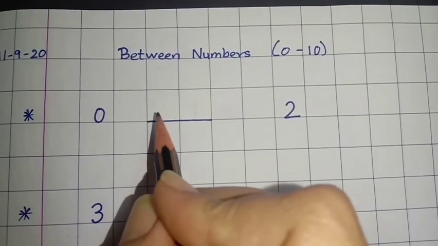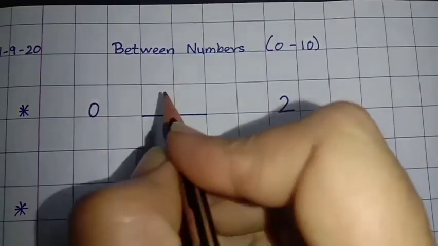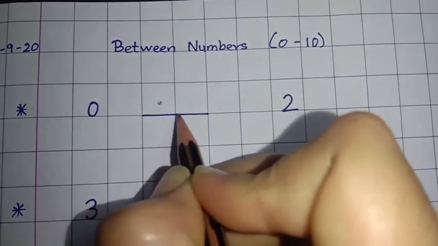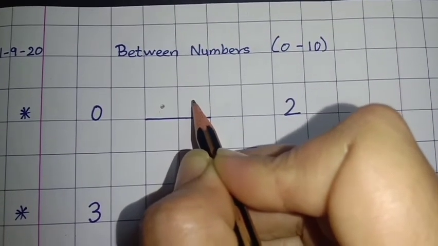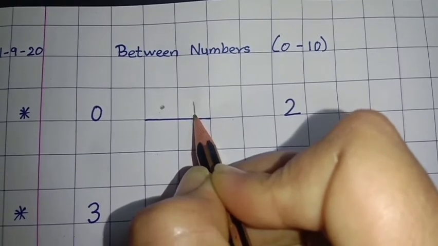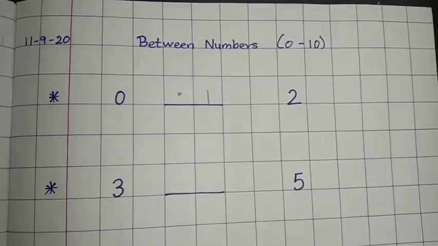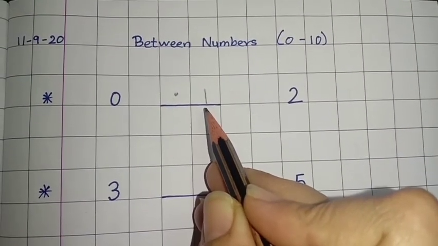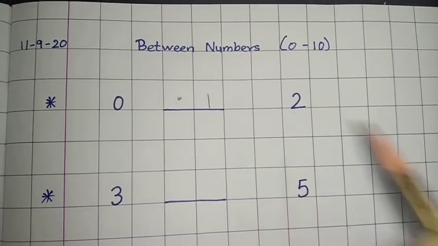But before that, we will put a dot in the first box and we will write number 1 in the second box. So now we can say that number 1 comes in between number 0 and number 2.